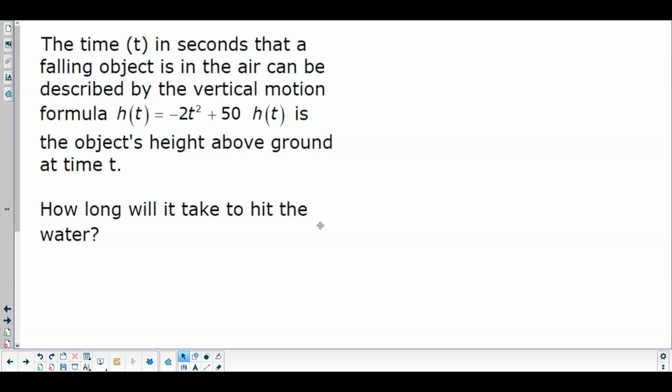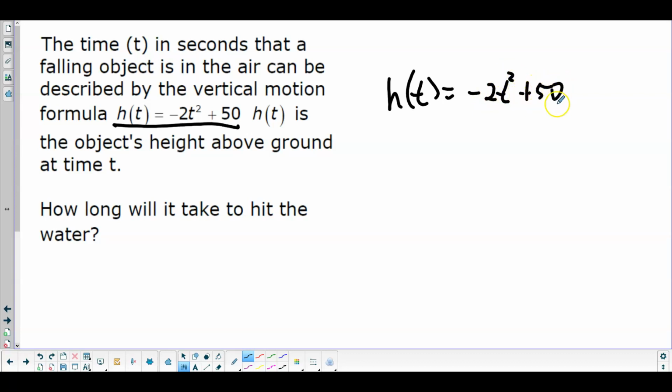So let me just break it down for you. You've got the equation. Let's start with what we have here, and I'm going to put that right here. h of t equals negative 2t squared plus 50. What we're going to say is if the object hits the ground at time t, then the height is 0.